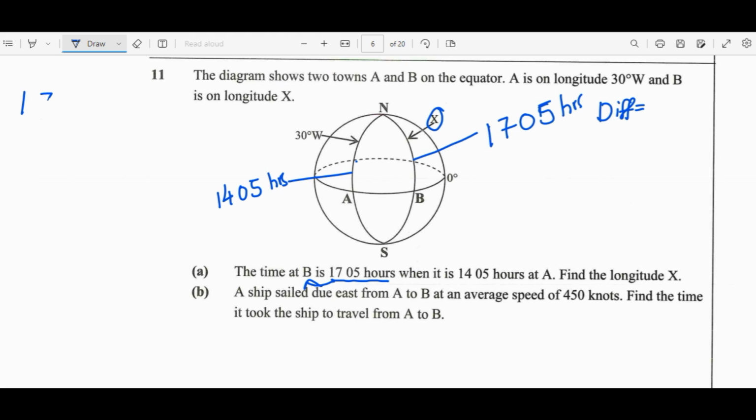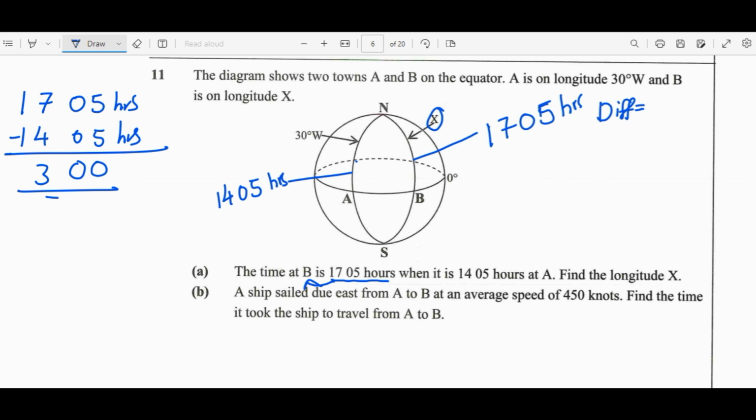So say 17:05 hours, we take away 14:05 hours. So 5 minus 5 is 0, 0 minus 0 is 0, 7 minus 4 is 3, 1 minus 1 is 0. So the time difference between A and B was 3 hours.